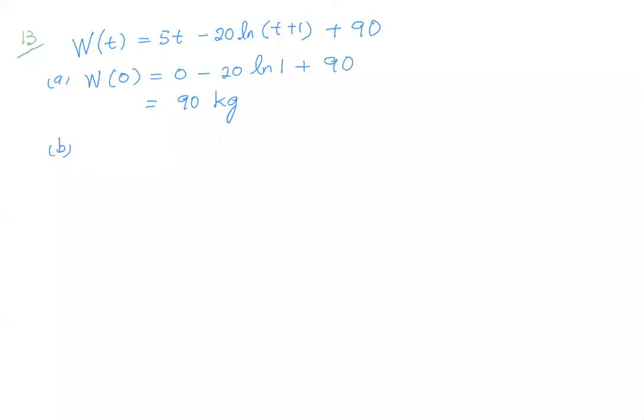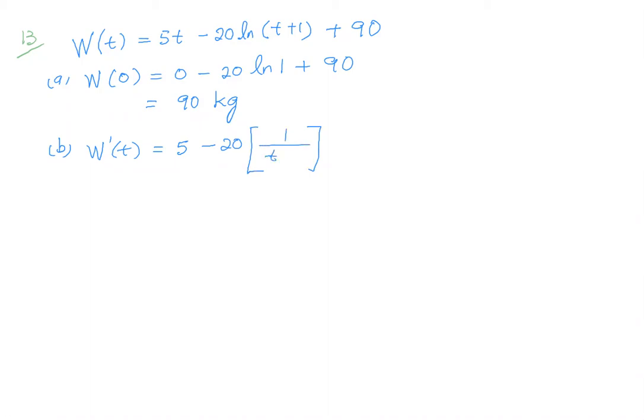Can you tell me what is W prime t first? Just read whatever you have. W prime t equal to? I got 5 minus 20 times 1 over t plus 1.